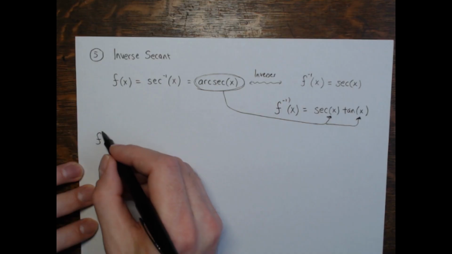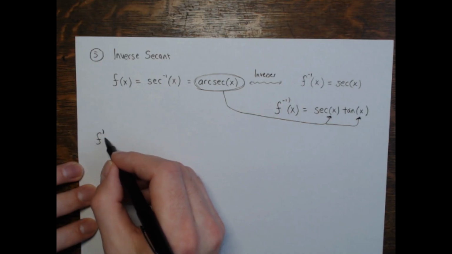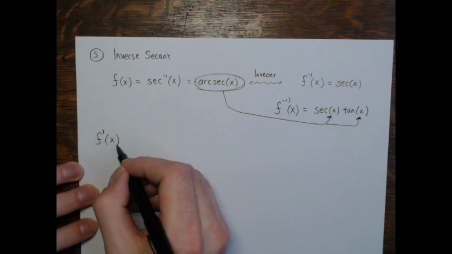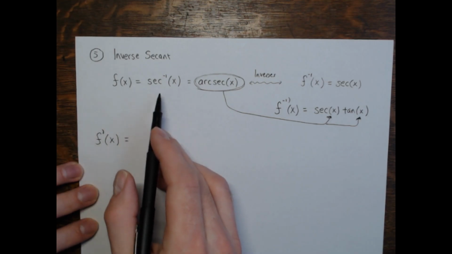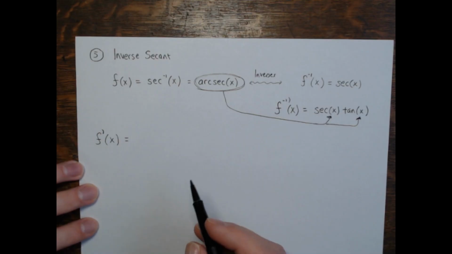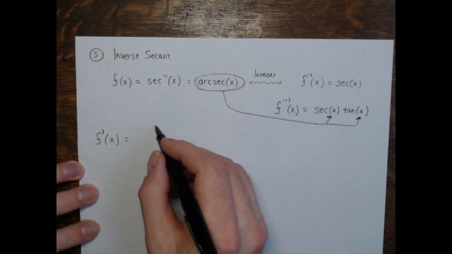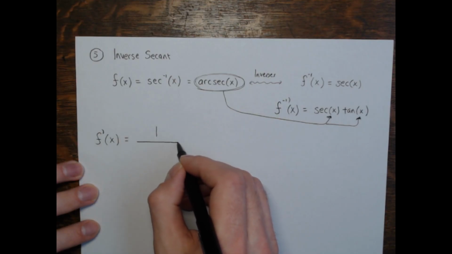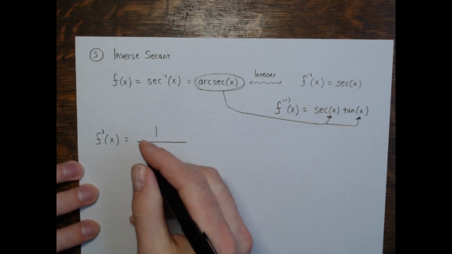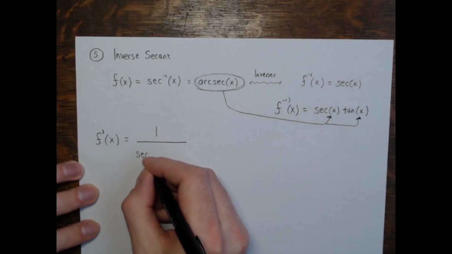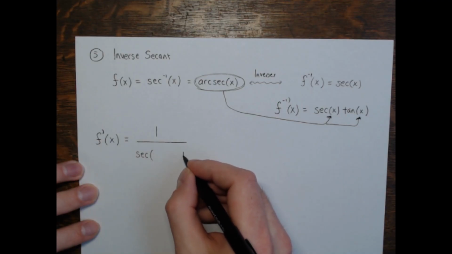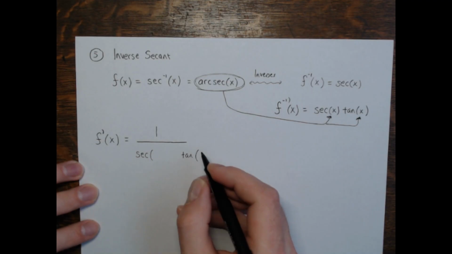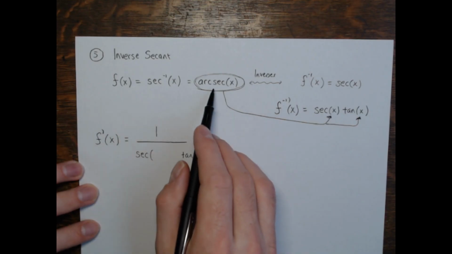So applying the inverse derivative rule I've been applying for each of these, you have the derivative of f, so f prime, the derivative of this inverse secant function. The derivative of inverse secant is 1 over the derivative of regular secant, so secant of times tangent of, but not x, with the original inside.